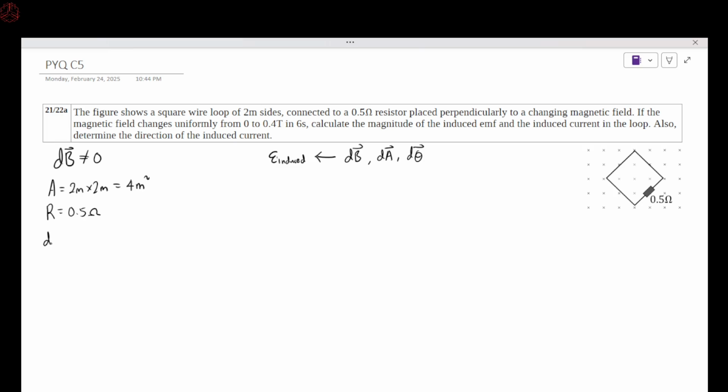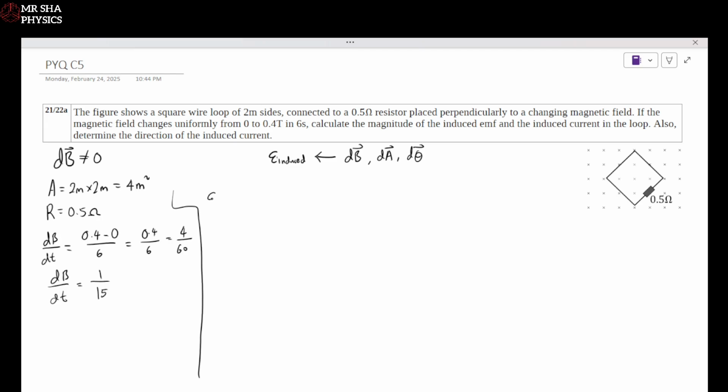That means my dB over dt is going to be 0.4 minus 0 over 6. 0.4 over 6, which is just 4 over 60. Which means that I have dB over dt of 1 over 15.